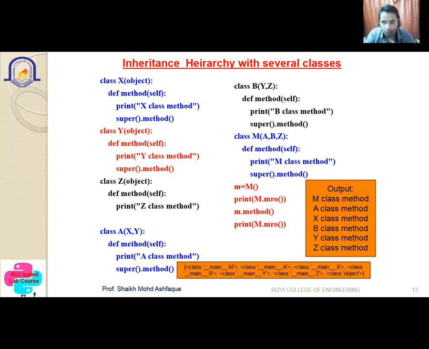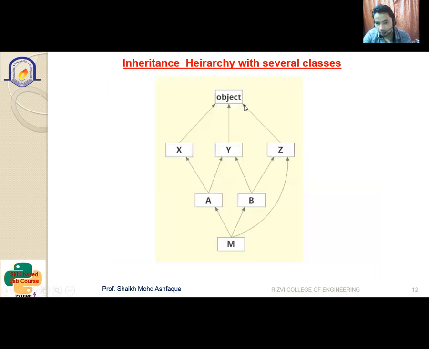We can write the same code and try to obtain the output that is obtained by the MRO, or we can achieve the goal of your MRO as well. So here one is your class X. You can once again refer to the diagram. Object is by default inherited by X, Y, Z, then it goes to A and B, then it goes to M.